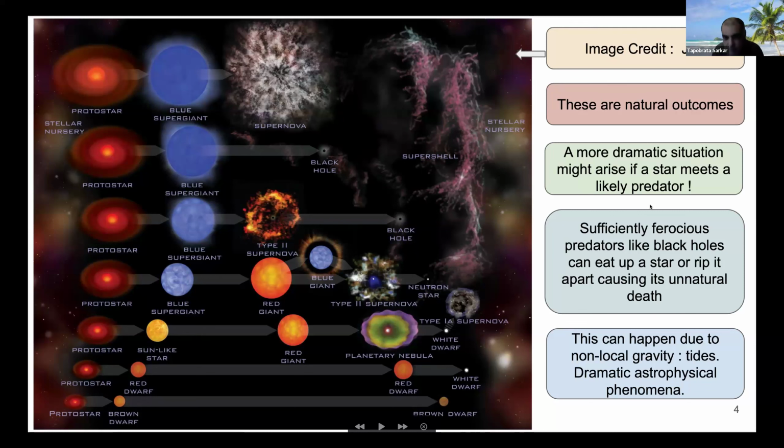The reason this is important is that, as far as I know, in the next few years there are missions which are going to provide images of these tidal disruption effects. The hope is that one would be able to comment on the nature of black holes as well as the nature of stars from an observational point of view.